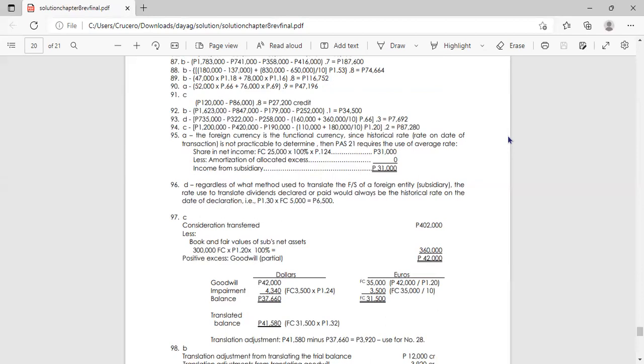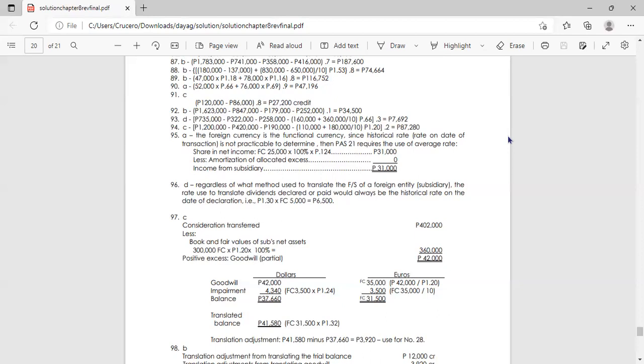What's the amount of the 20x6 journal entry on the parent's financial record? So for number 91, we have a credit of 27,200. That's letter C. 120,000 minus 86,000 times the ownership rate.